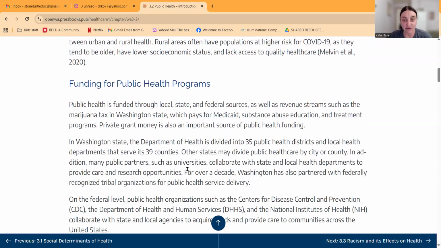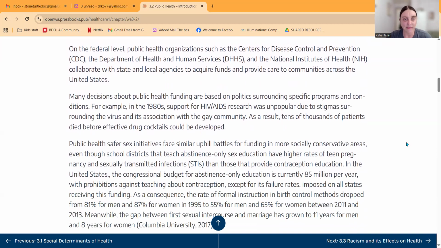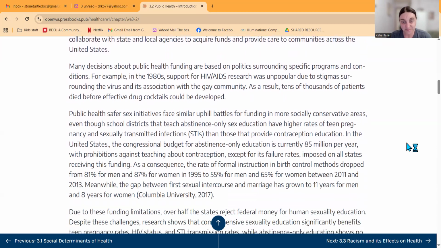In this chapter segment, we will talk specifically about Washington State, but we'll also talk about federal organizations and public health funding, such as an example of HIV/AIDS research that was limited in the 1980s.